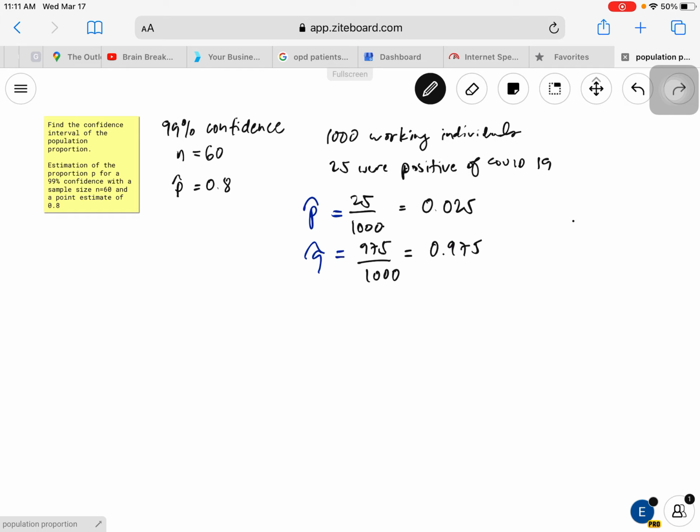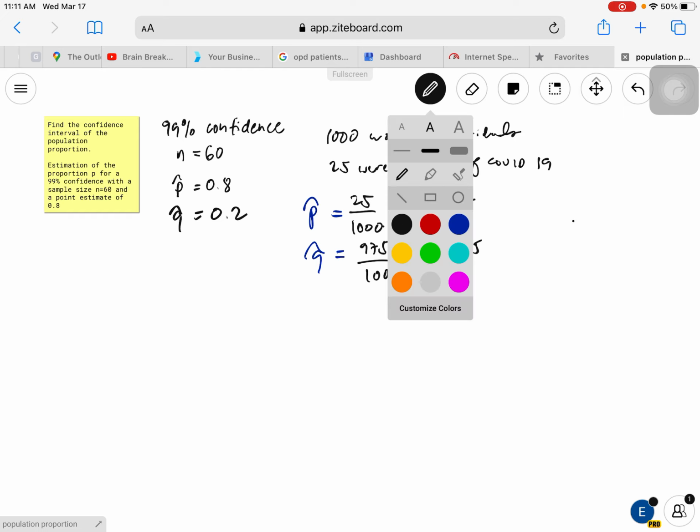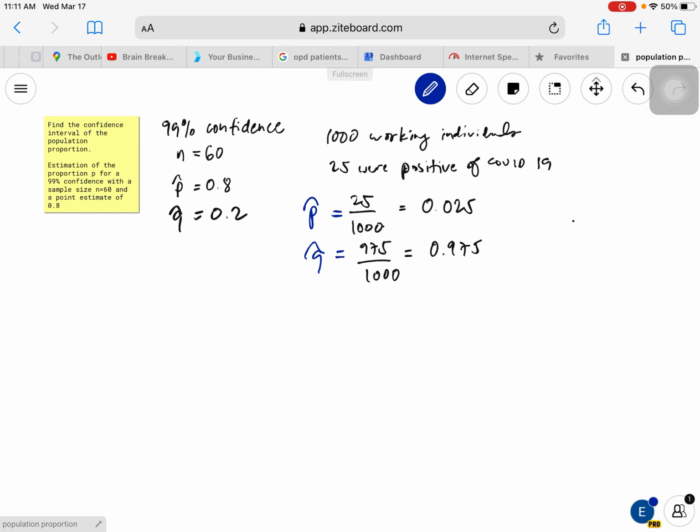If p hat is 0.8, then our q hat is just 0.2. Again, this is a population proportion, so if you add the q hat and p hat, it should equate to 1. Let me write the formula for the q hat. Q hat is just 1 minus p hat.